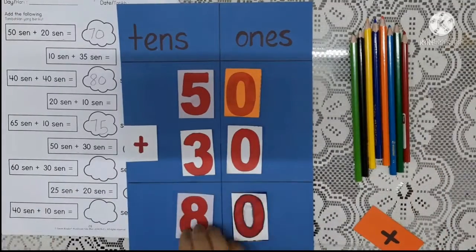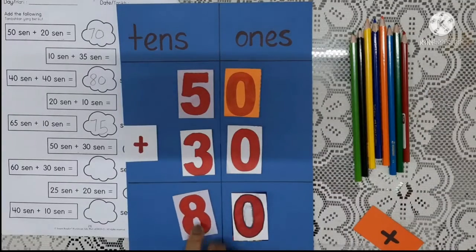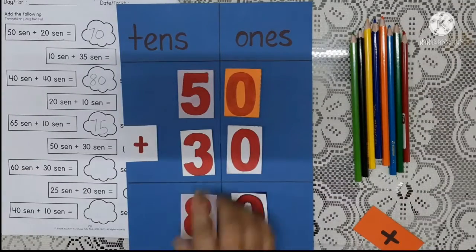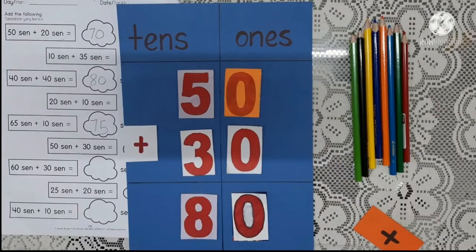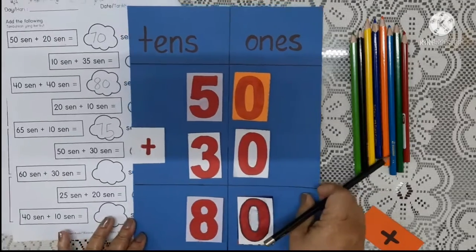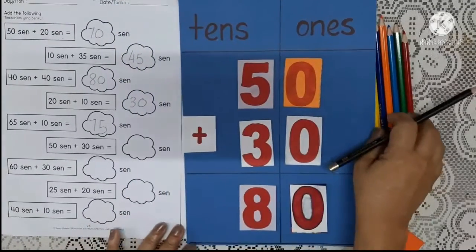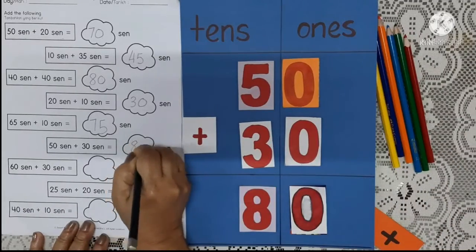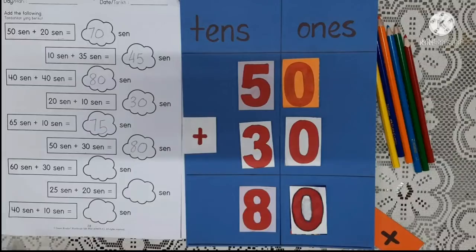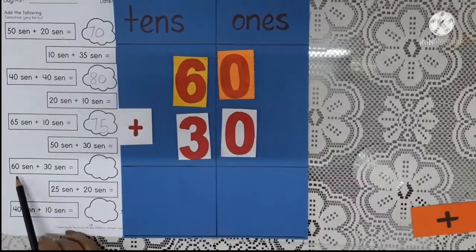So what number is this? 80. So 50 plus 30 equals 80. Now let's write it down. $0.80.